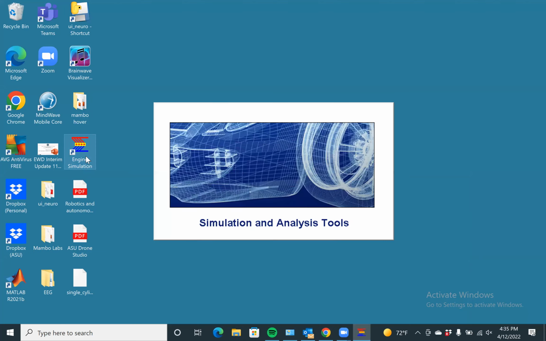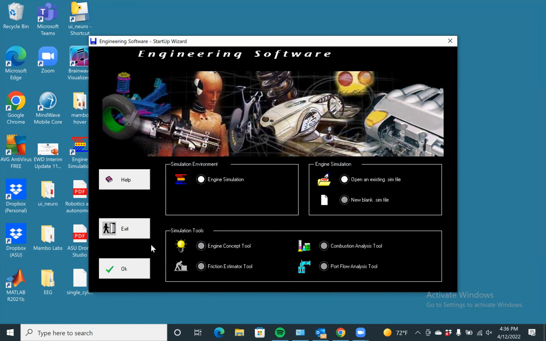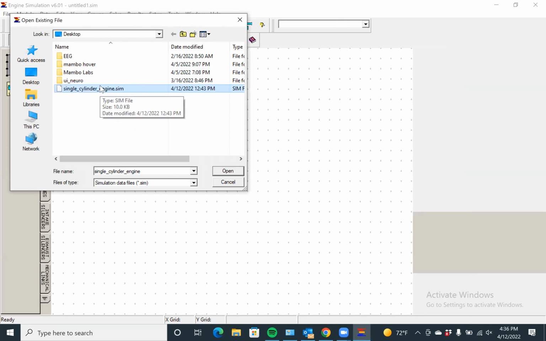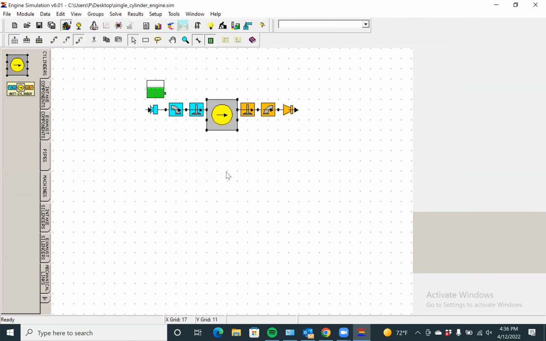Open Lotus Engine Simulation, open an existing .sim file, click OK, and then you can import that .sim file into the Lotus engine simulator. This is schematically how the engine looks.